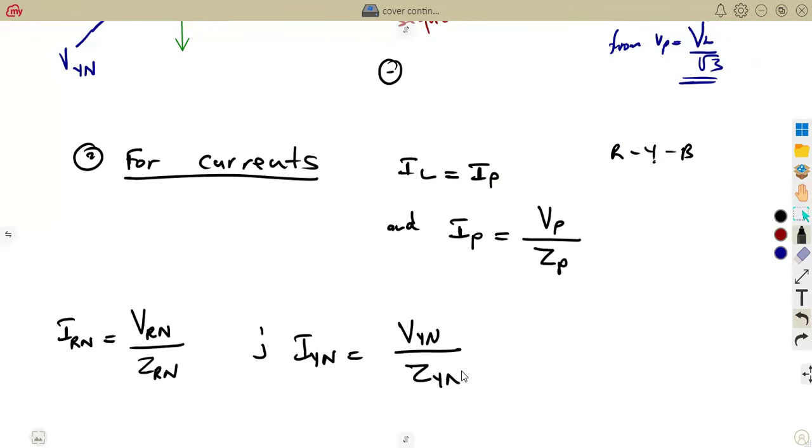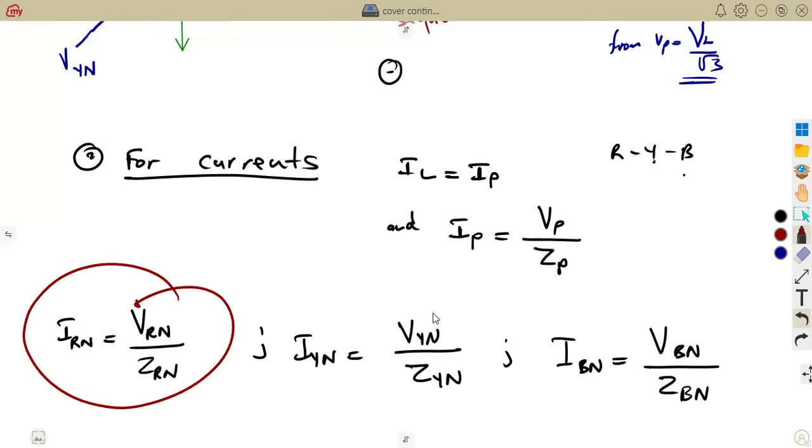That is the idea. If you are calculating the current for the blue phase, it means we are going to work with the voltage for the blue phase over the impedance for the blue phase. Each is calculated on its own. This one on its own, this one on its own, this one on its own. They are different for unbalanced loads.